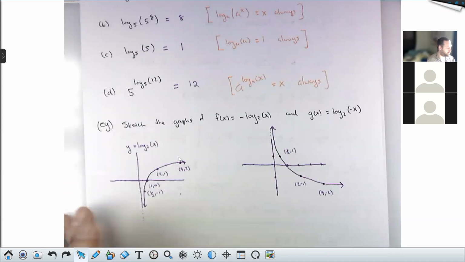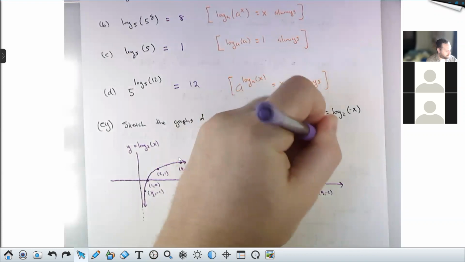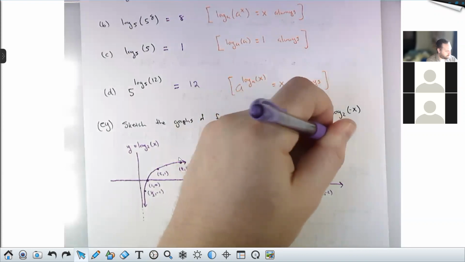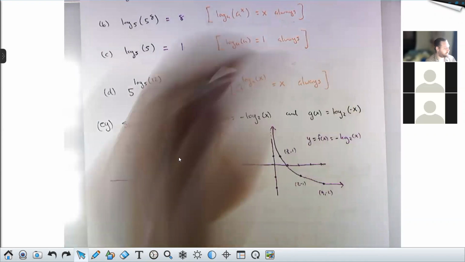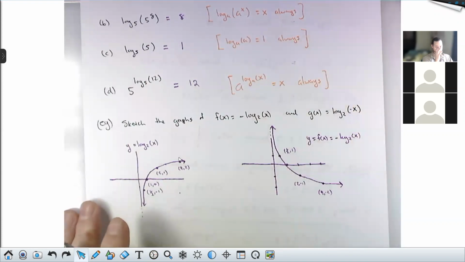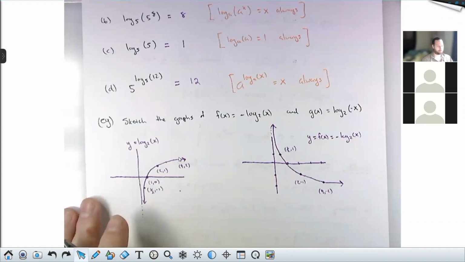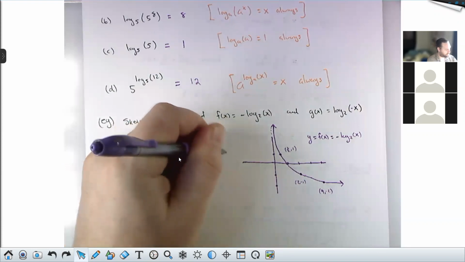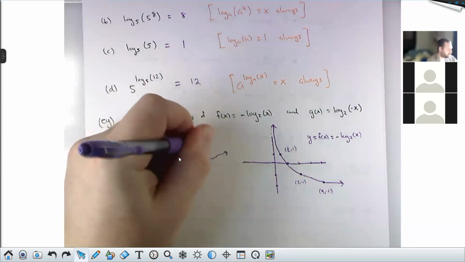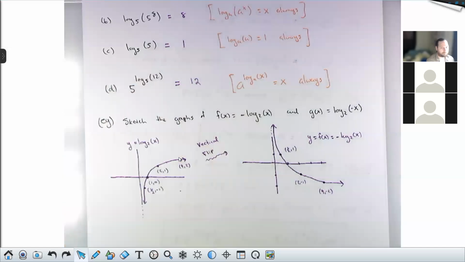So this is the graph y equals f of x, which is negative log base 2 of x. And that transformation was a vertical flip.